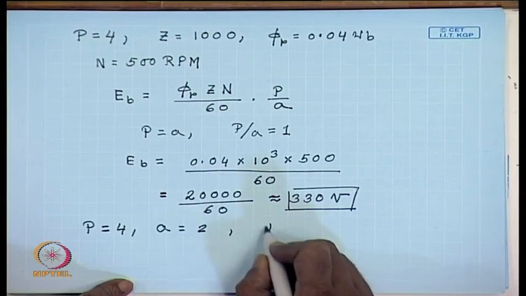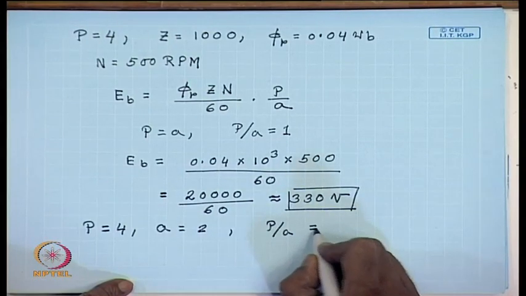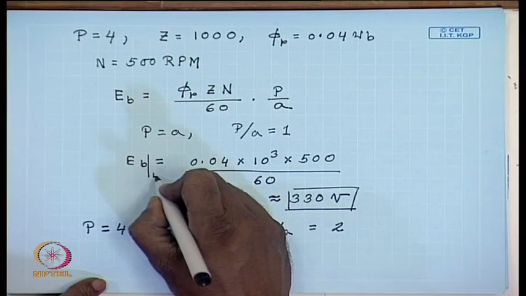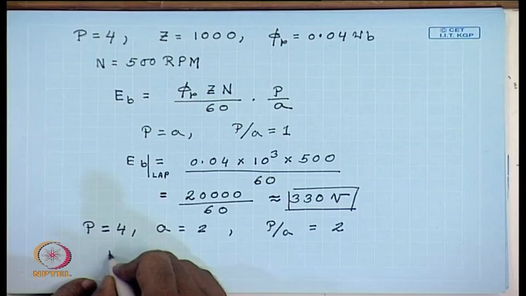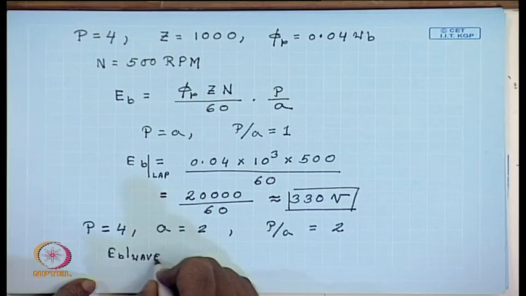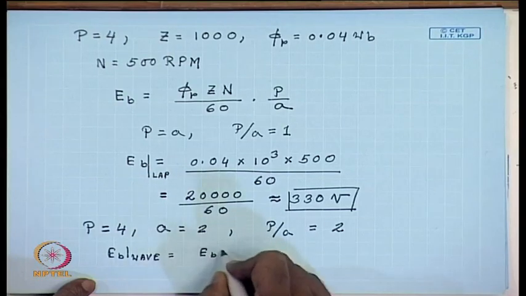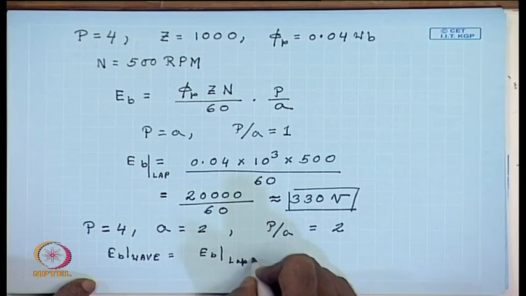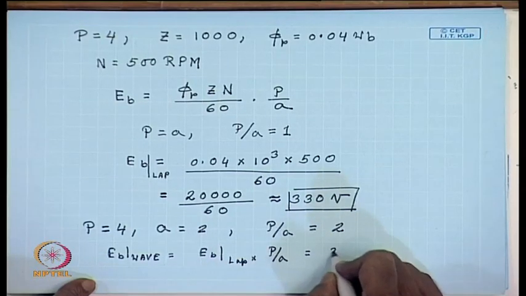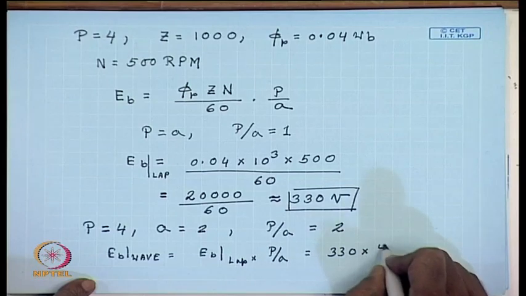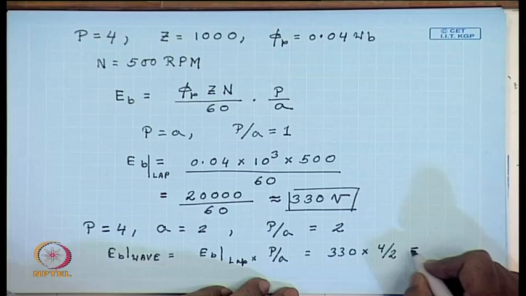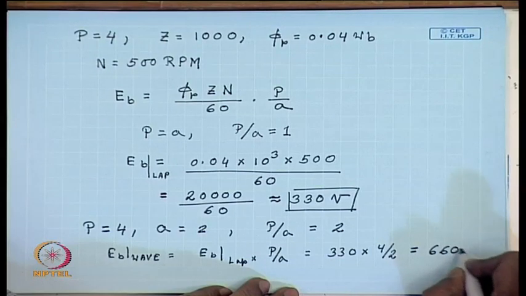Therefore, P by A will now be 2, and hence E b for wave connection will be E b lap multiplied by P by A, that is 330 into 4 by 2, that is equal to 660 volt.